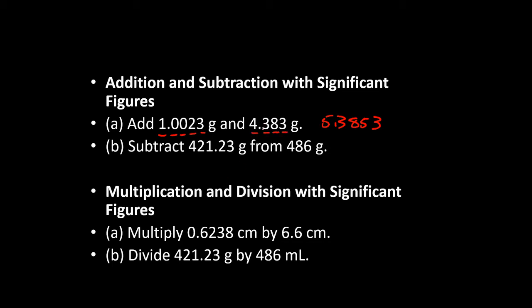Because we're adding them, we can only take our answer to the thousandths place, because that is as far as this number goes. This one goes to the ten-thousandths, but because this one only goes to the thousandths place, we're going to cut this number off here. The next digit is less than 5, and so our final answer is 5.385 grams.